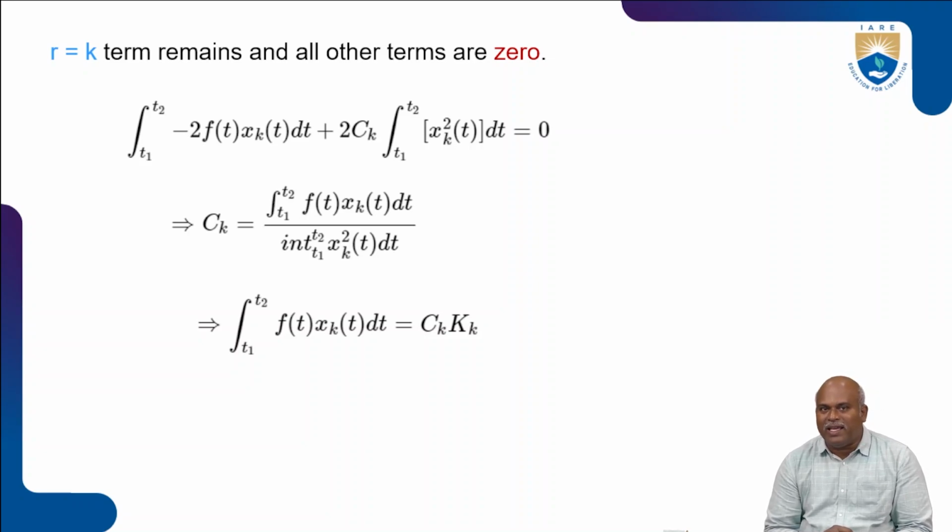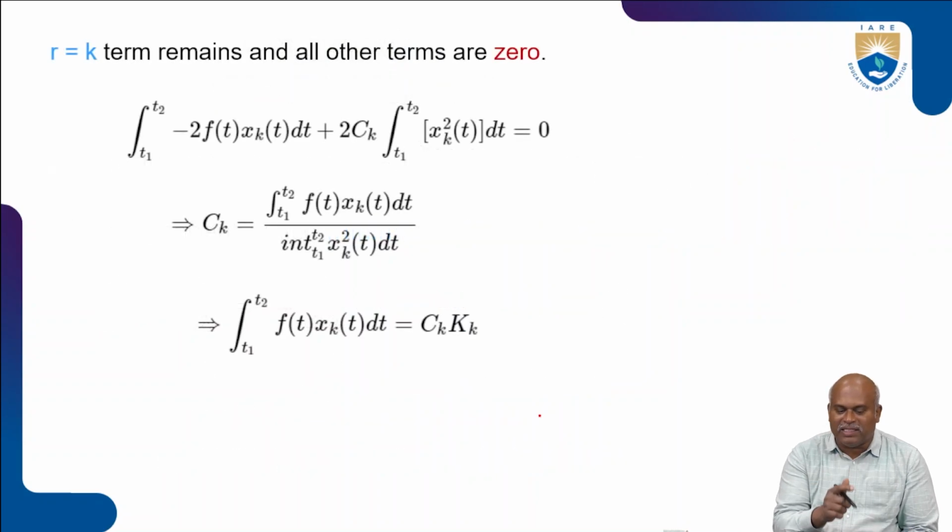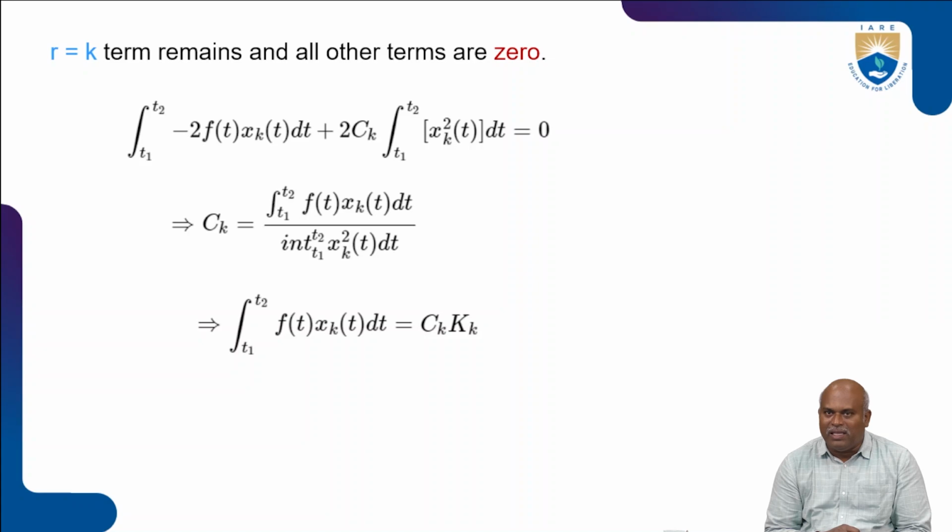So what happens to the integration of this equation? The remaining portion is minus the integration of t1 to t2 of f of t xk of t dt plus 2 ck integration of t1 to t2 of xk square of t dt, equal to 0.